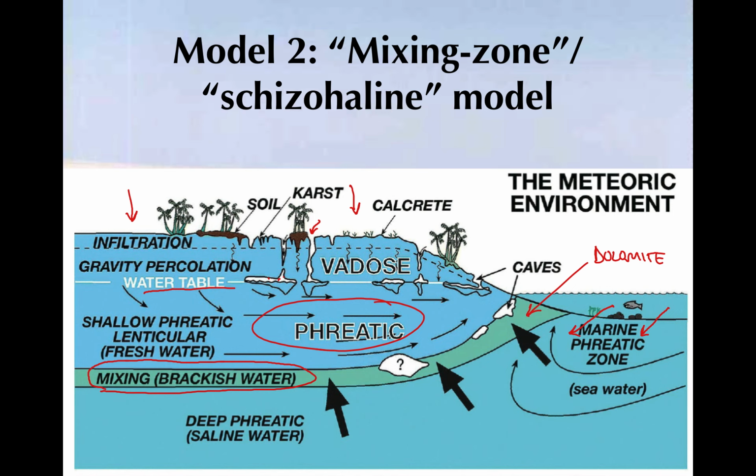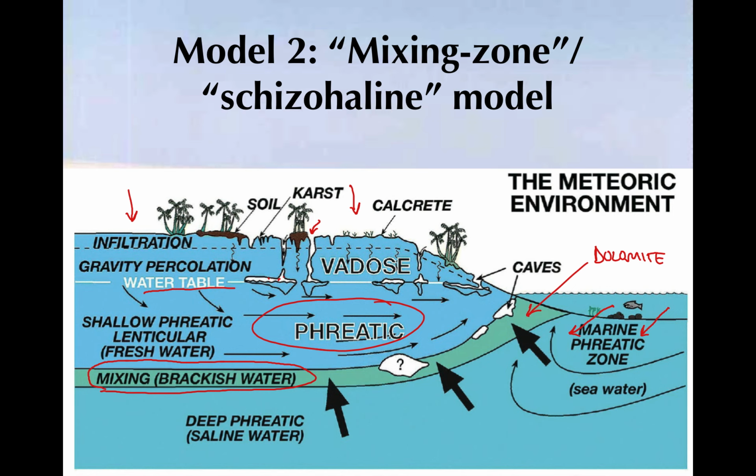And so the idea here is that if you have some way to continually flush carbonate sediment with seawater, you can convert that carbonate sediment into dolostone simply by just letting it continue to react with seawater.